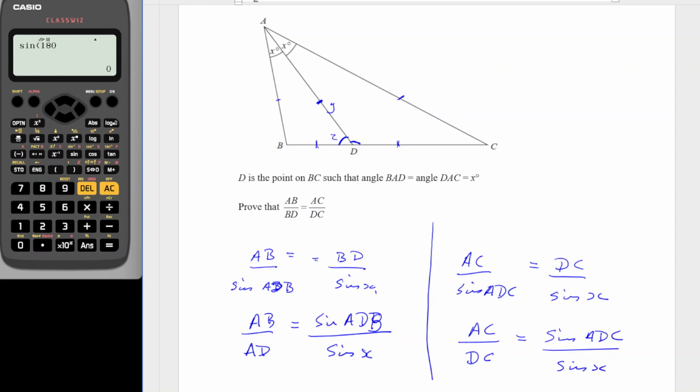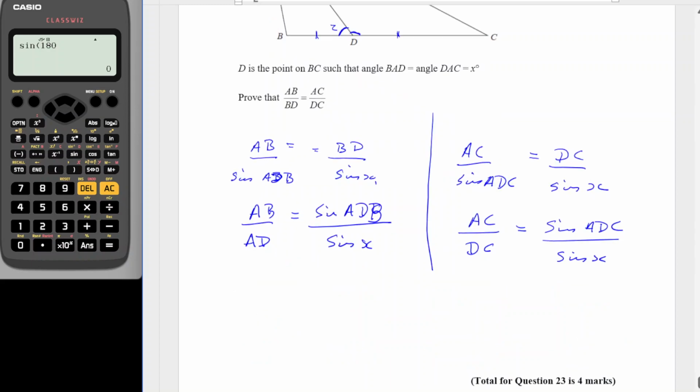And then this is the slight bit that I struggled with, just getting around it in my head. We do have a relationship between ADB and ADC. So either way around, I'm going to say that ADC is going to be equal to 180 minus ADB.